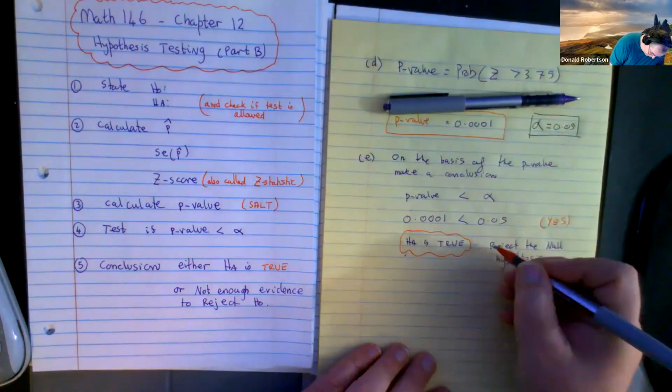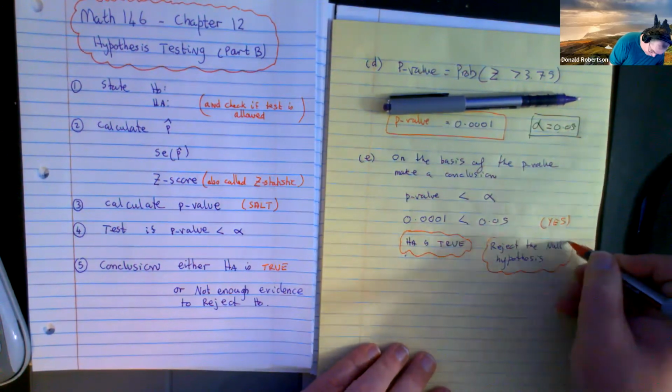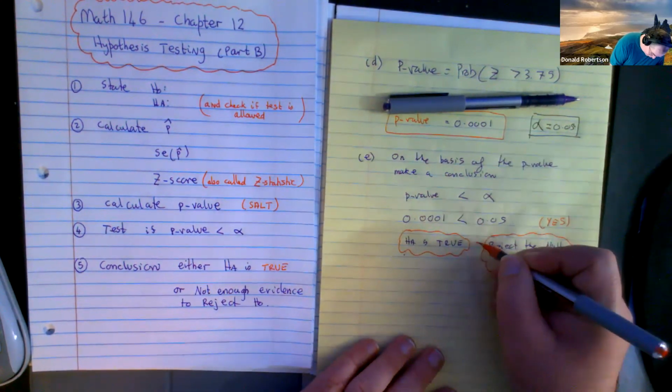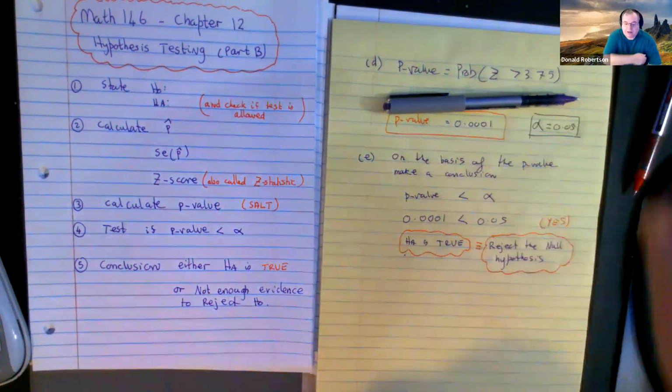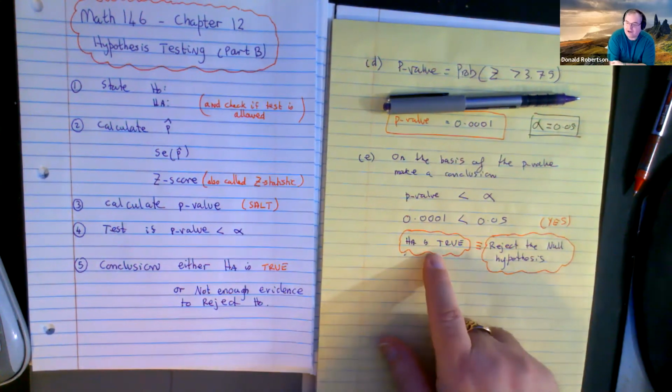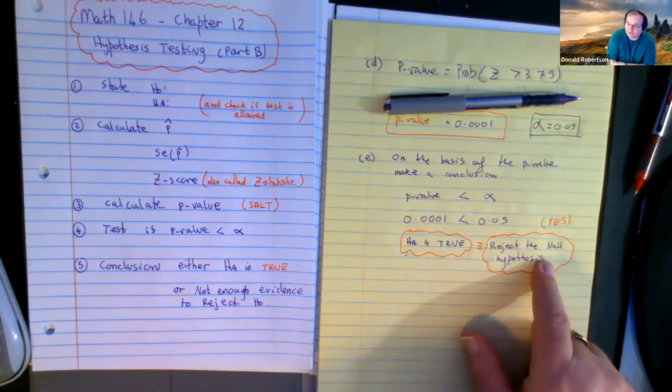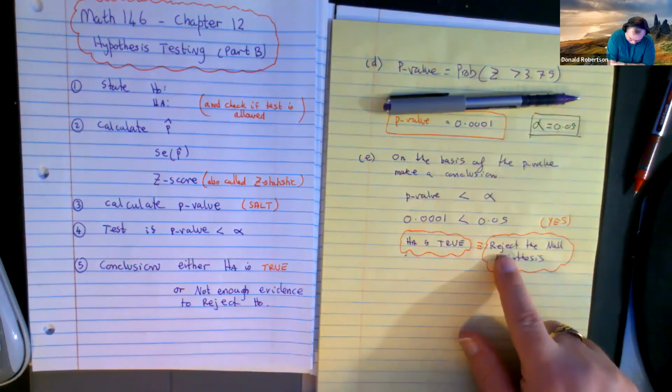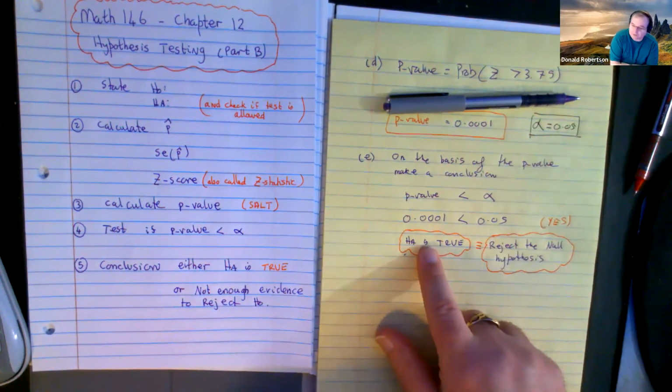If someone says the evidence is that you can reject the null hypothesis, it's the same thing as saying the alternate is true. So you just got to get used to that there is more than one way of saying HA is true, right? So whenever they have a choice, reject the null hypothesis, they'll mean that.